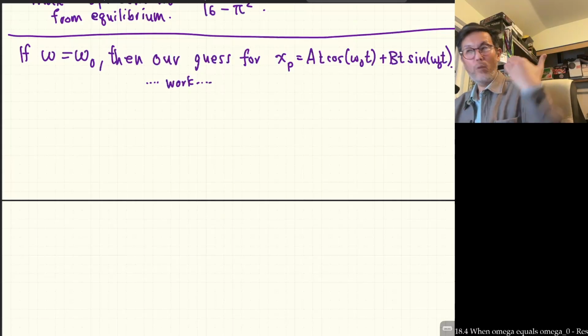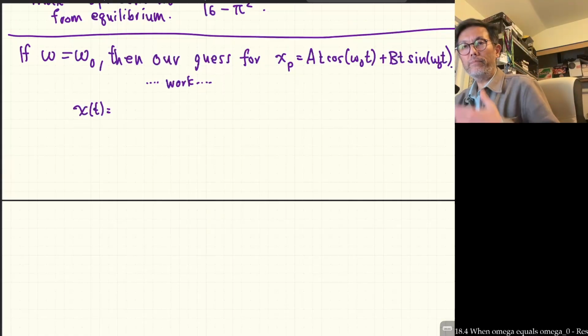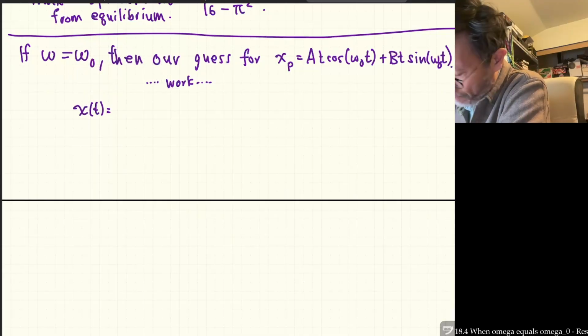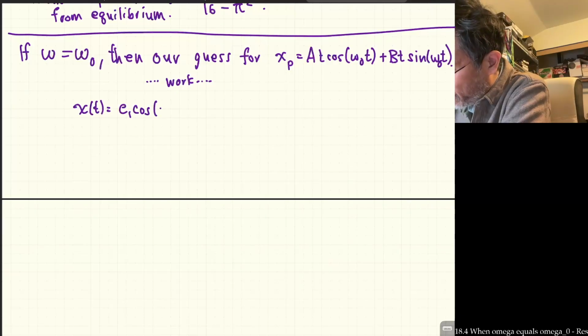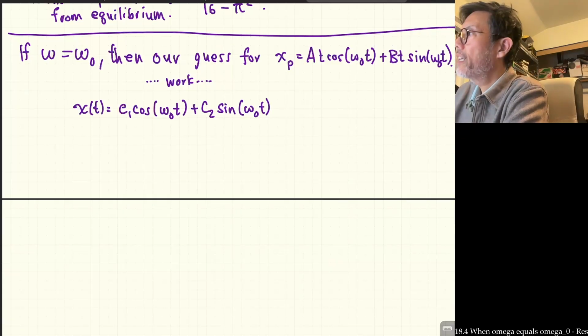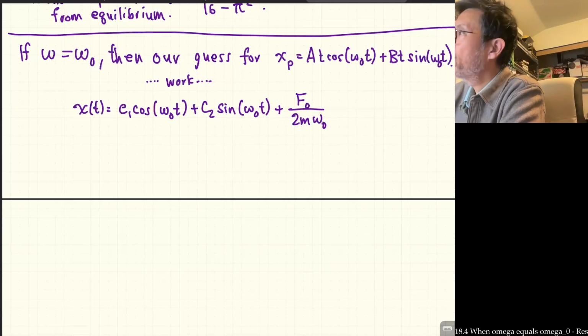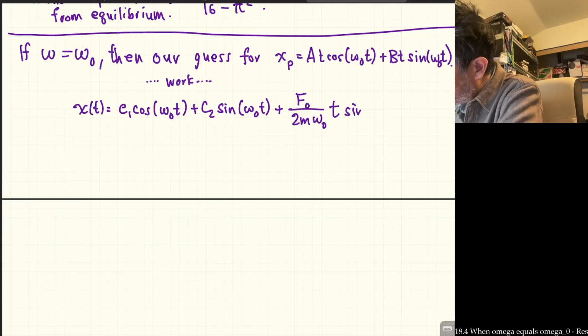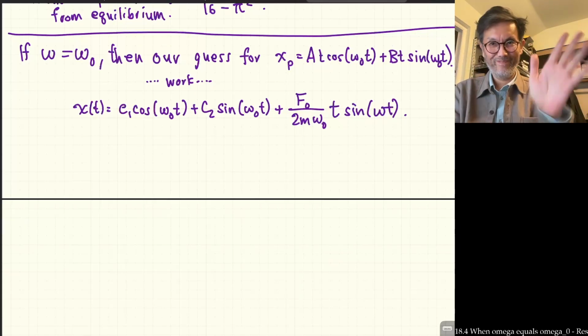And what you're going to find is that your x of t, your general solution, will look like C1 cosine omega naught t plus C2 sine omega naught t, which is the complementary solution, plus F naught divided by 2m omega naught times t sine omega naught t.